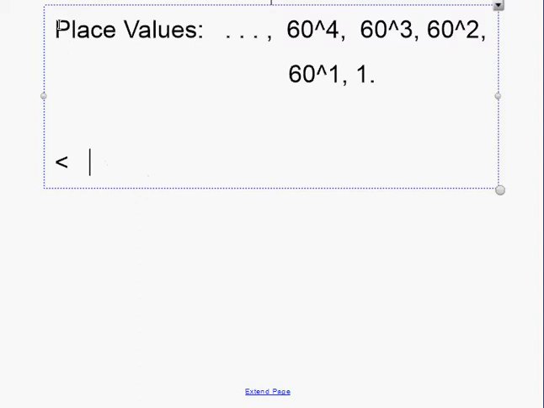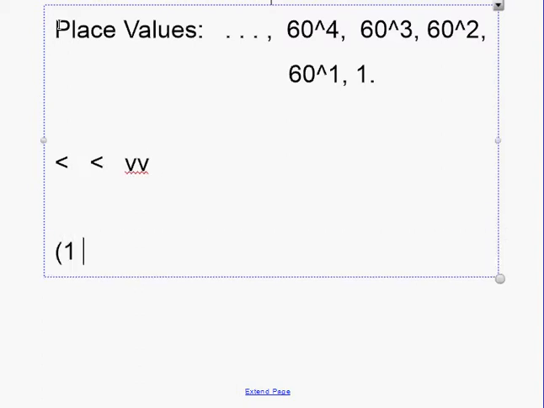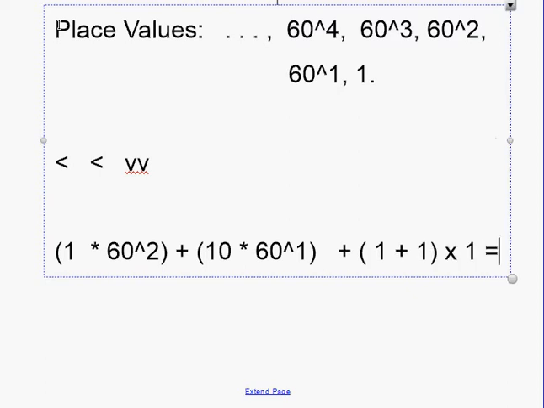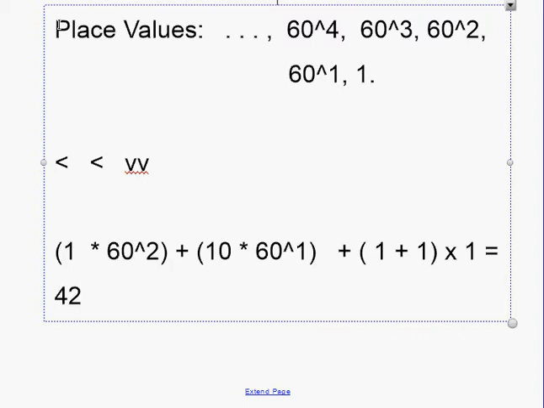This would be 1 times 60 raised to the second power plus 10 times 60 raised to the first power plus 1 plus 1 times 1, which names the number 4,202 in our system.